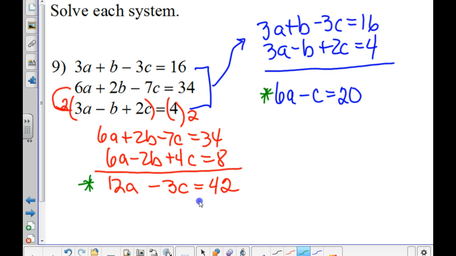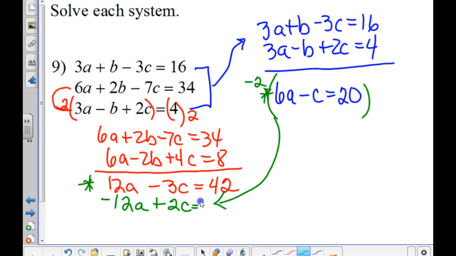You want to get rid of A or C next? Okay. So let's do a -2 times this one and rewrite it down here. We'll have -12A plus 2C, if I did that correctly, equals -40. So when I add those together, I get -1C equals +2.